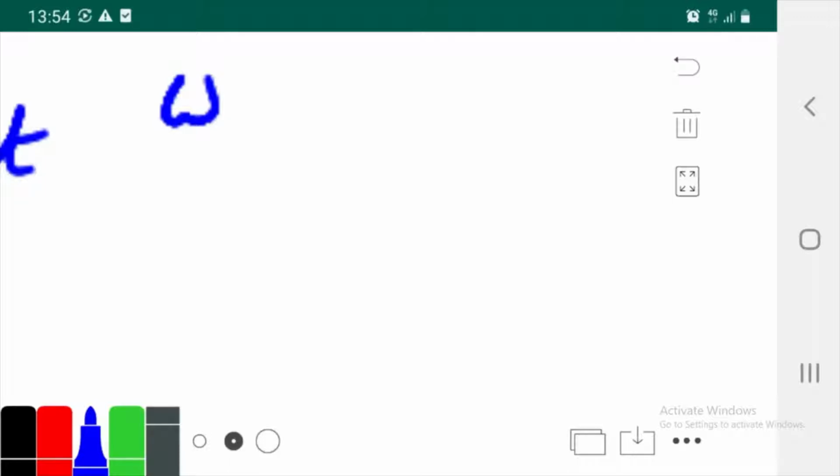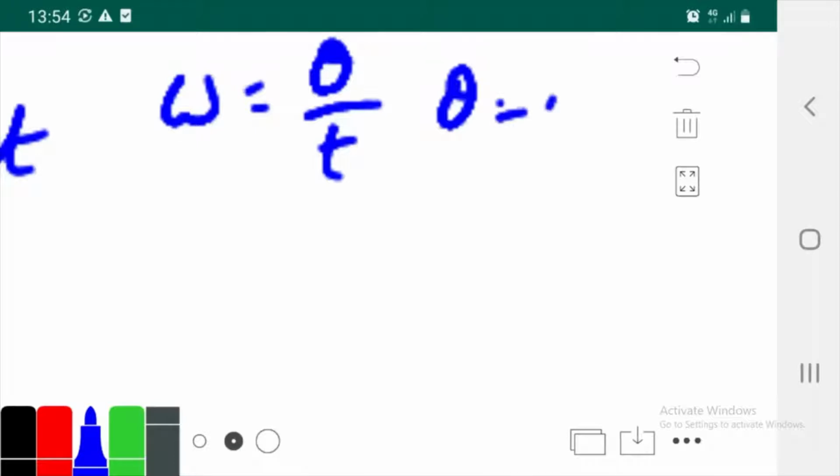So what does that mean? It means theta radians per some unit of time. If I just rearrange this equation, I can see theta equals omega t. So when you see cos omega t, it's basically just an angle, but it's in terms of time, which is quite useful when we're talking about simple harmonic motion.